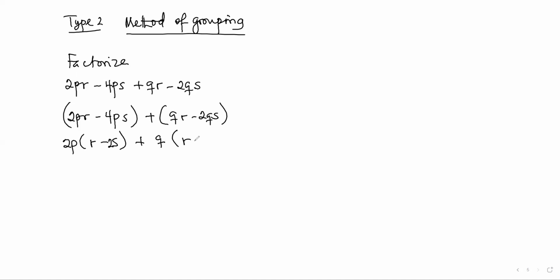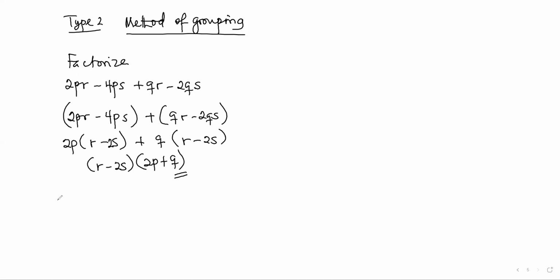So we are left with r minus, if you remove q, you're left with 2s. And once again, the brackets should be the same, to tell you you're on track. Since the brackets are the same, we'll pick one of them. Then outside the parentheses, just (2p + q) in one bracket. So that's all.